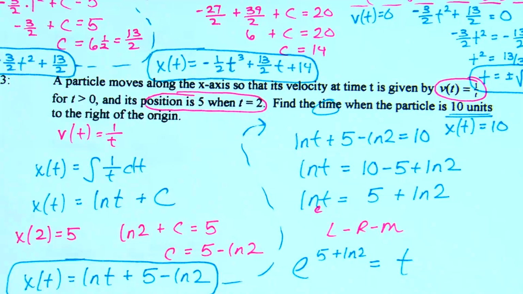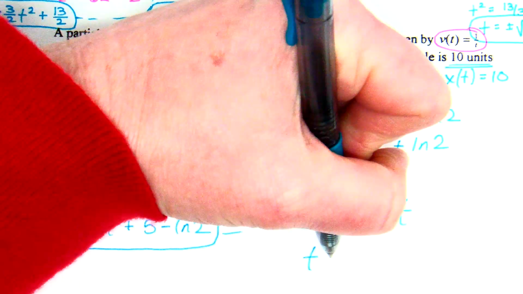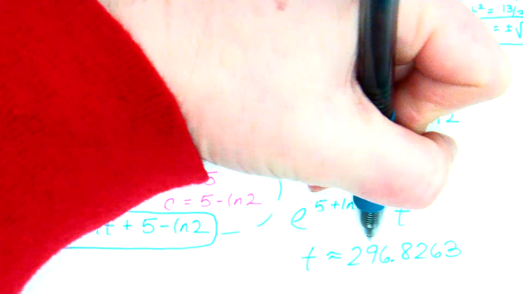At that point, depending on the situation, you could possibly leave t there, although does that really make sense as a time? Not really. So you can get a calculator answer if you want. So whatever e to the 5 plus ln 2 is.